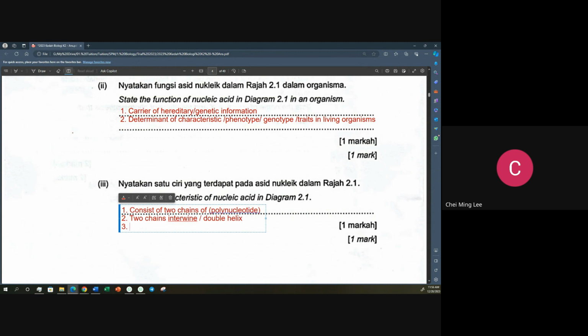The third is the nitrogenous bases. There are four different nitrogenous bases, which are adenine, guanine, thymine, and cytosine. So what he's trying to say is that the nitrogenous bases for DNA will be adenine, guanine, thymine, or cytosine. Choose only one of them.